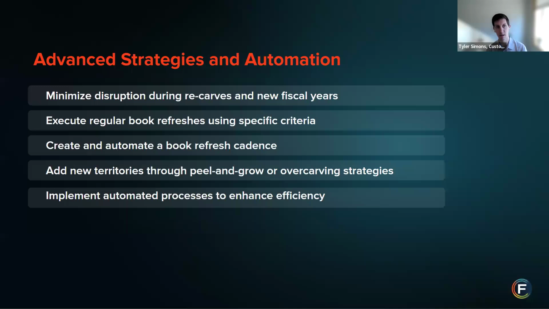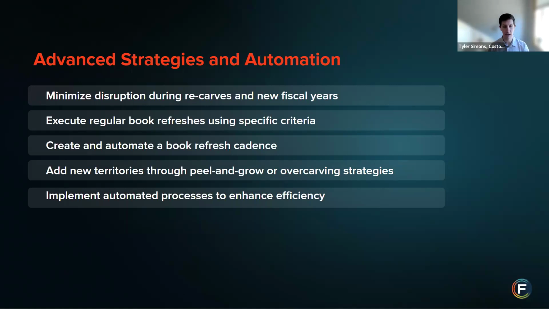Today we're going to talk a little bit about minimizing disruption during recarves and new fiscal years. A little bit of this is a play off of the balance scenario that we talked about last week, with a little more detail there. We're going to execute regular book refreshes using specific criteria. What does that mean?